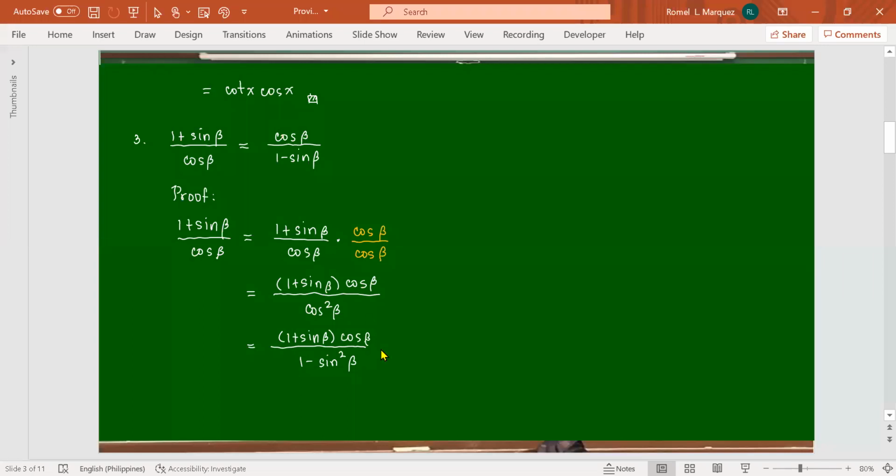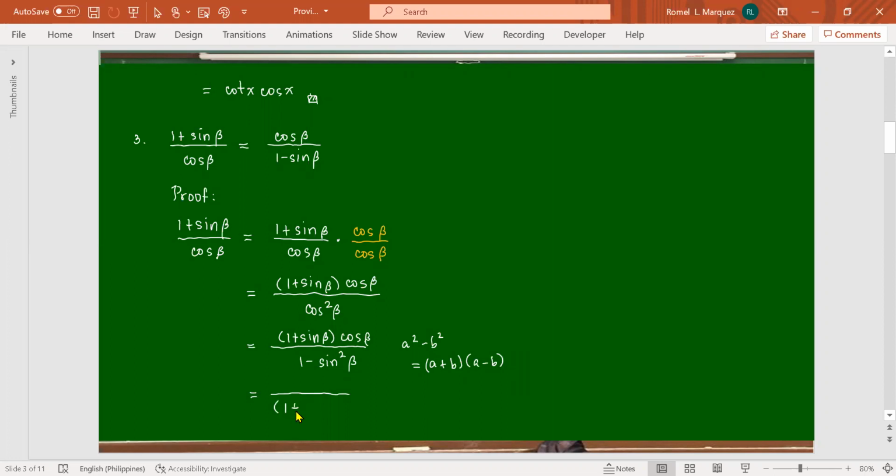Because that's what we need in the numerator. So this is already correct. Now, the denominator, from your algebra, can be factored into what? Into a plus b, a minus b form, because this takes the form of a squared minus b squared, right? So again, what is the factored form of a squared minus b squared? This is equal to a plus b, a minus b. Okay, so let's do that.